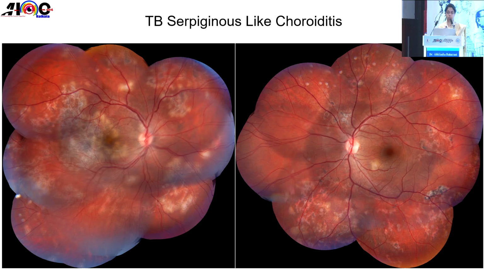Now, TB serpiginous-like choroiditis presents a similar picture. Here, the lesions are multifocal and they coalesce, giving the appearance of a serpiginous choroiditis. So this diagnosis should be kept in mind in TB endemic areas like ours.